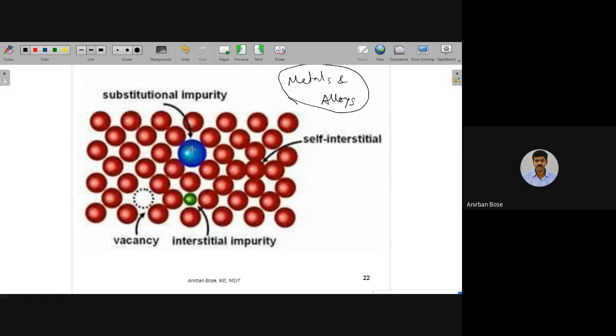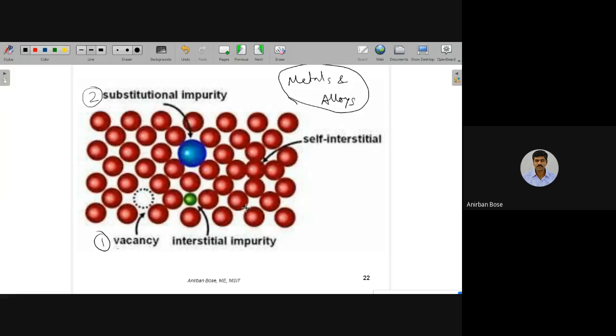If one of the parent atoms is substituted by some solute atom, then it is called a substitutional impurity atom. That atom can be larger than the parent atom, or it can be smaller. So the first one is the vacancy, and the second one is the substitutional impurity atom.